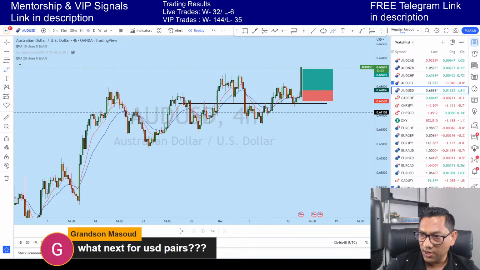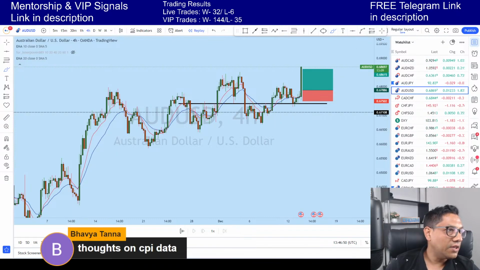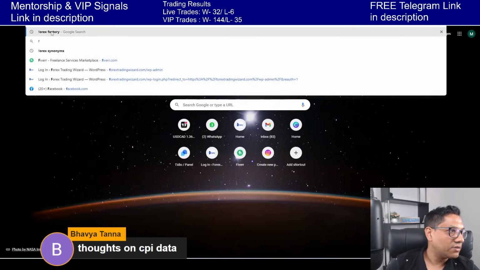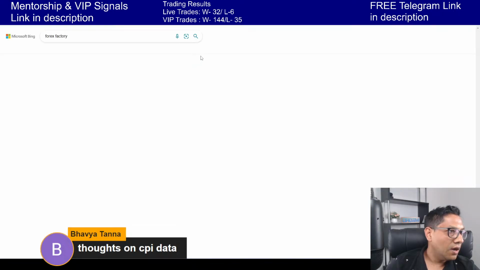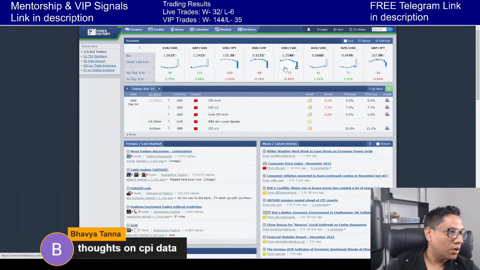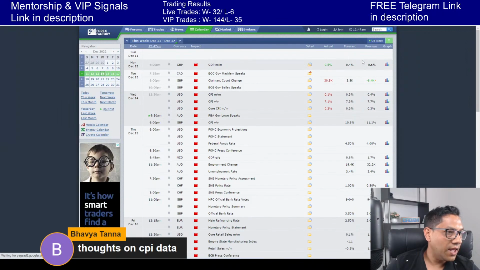Thoughts on CPI data. If we look at Forex Factory, we will know exactly how this is working on CPI data. If we look at the calendar, already at 12:30 a.m. there is a news release. In terms of result, we see weakness in dollar.